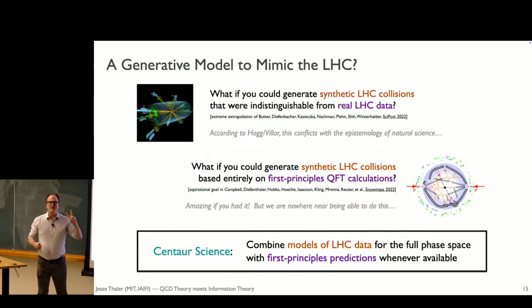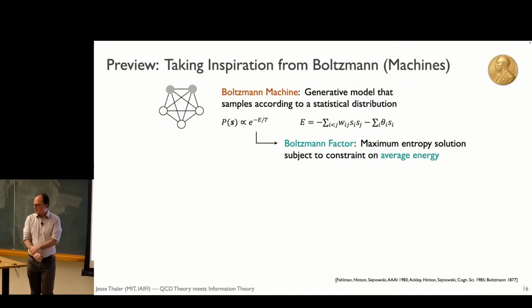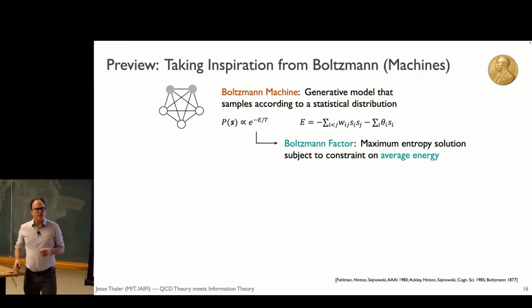Okay, so let me give you 2 slides just to give you the sense of where we're going, and then I'll dive into each of these things in turn. So the first thing is we're going to get inspired by strategies in the machine learning literature for building generative models. We're getting inspired by Boltzmann machines, which of course was the topic of the 2024 Nobel Prize.